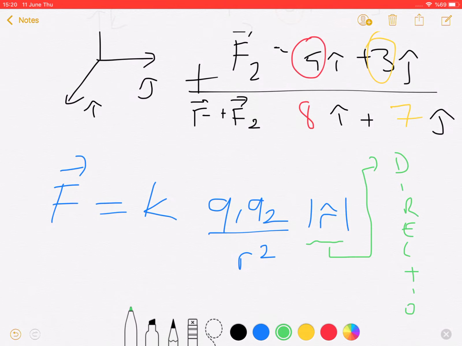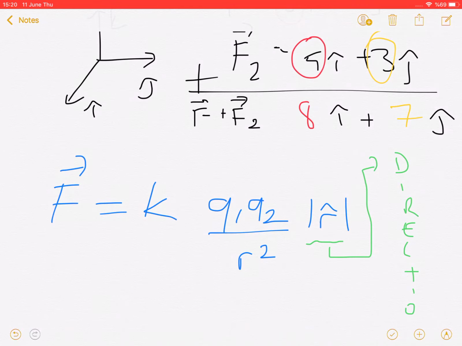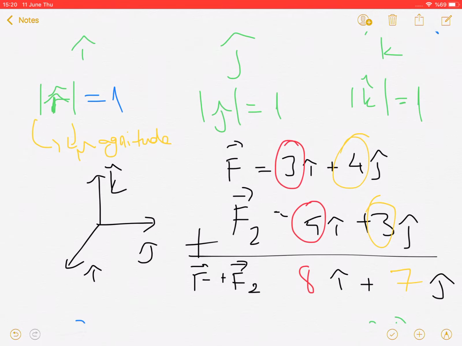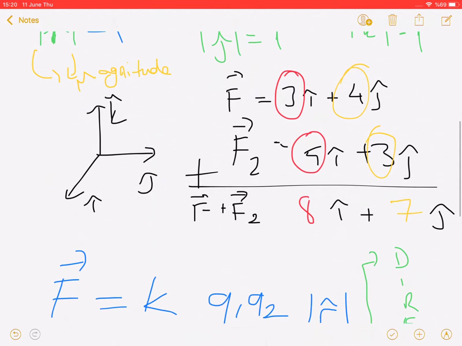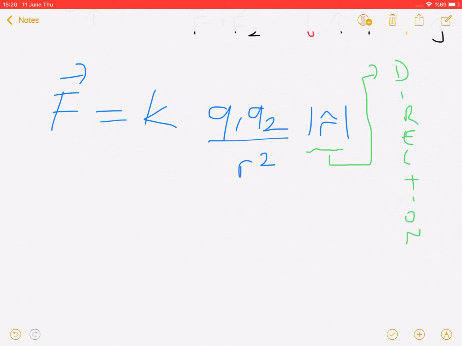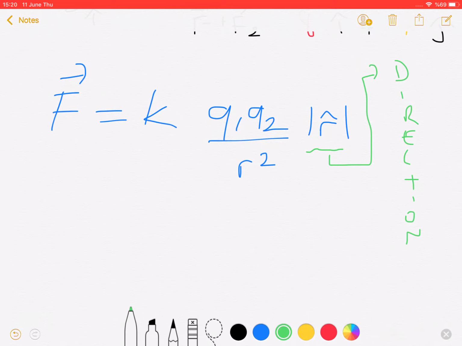So the direction is quite important. What were the directions? The directions were i hat, j hat, and k hat. So we have different directions. What was its magnitude? 1. So it does not affect the exact result magnitude-wise.